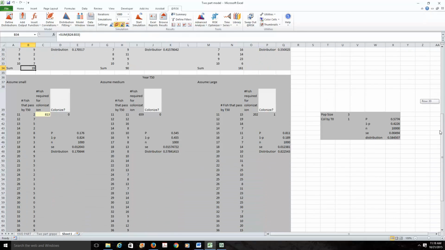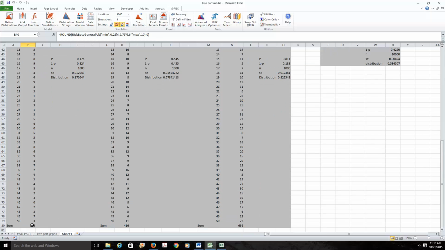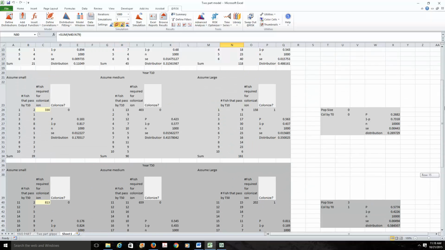I'm in the small population column here. Then we could say, well, given that we haven't had establishment by year T10, what happens? And we have the number of fish per year from T11 through T50 and a sum. And the same thing is true for the medium population and the large population. So that's just by way of review.